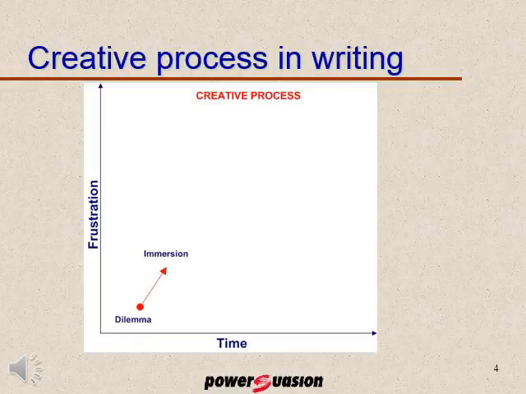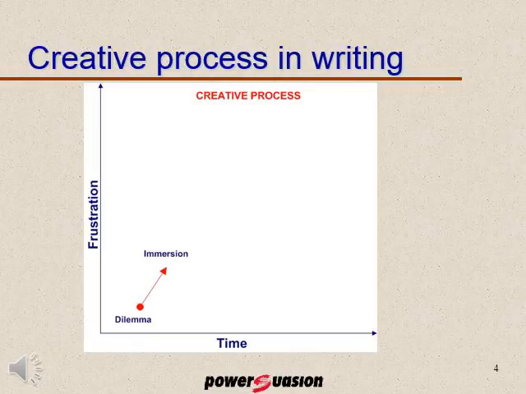So once we have the dilemma, the first thing we do is immerse ourselves. In other words, we put ourselves in the process of trying to understand as much about the dilemma as possible. Immerse ourselves in the process, in the ideas, in the opinions, in the thoughts of whatever it is that we're finding ourselves in the dilemma about.